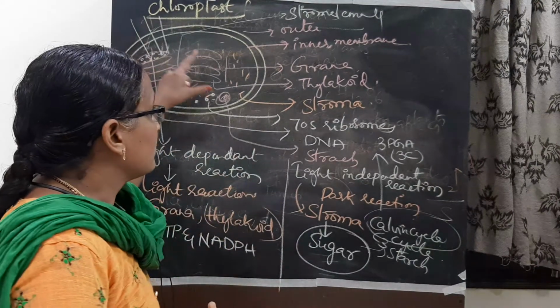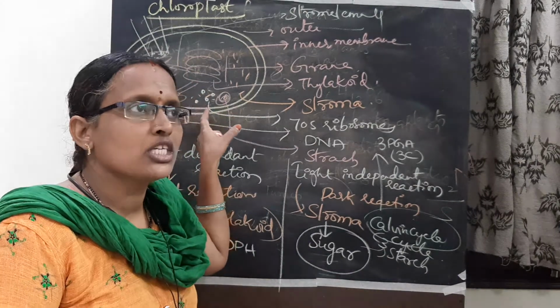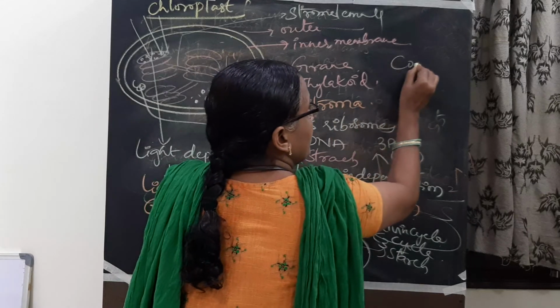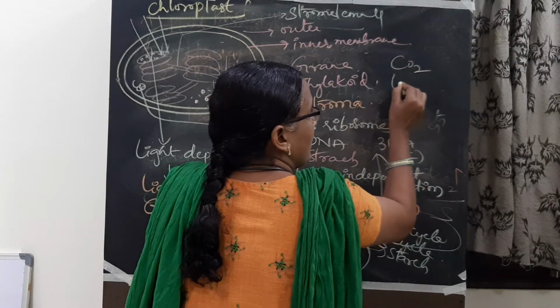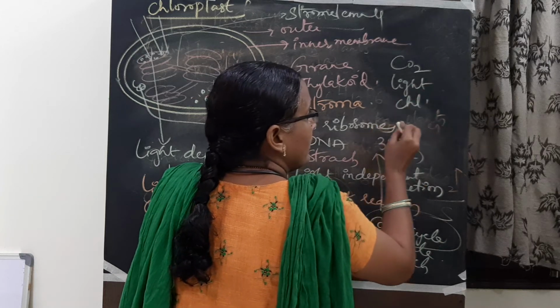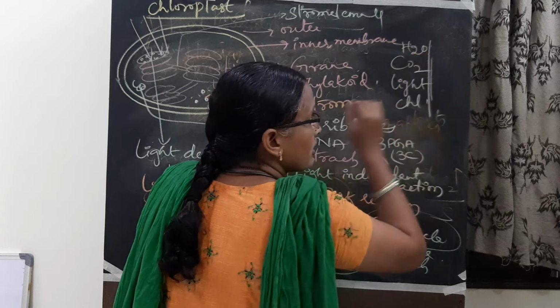Okay, so this is the site where photosynthesis takes place. In photosynthesis, we need carbon dioxide, light, chlorophyll, and water. So all these things are required.